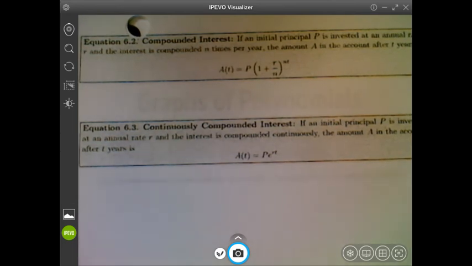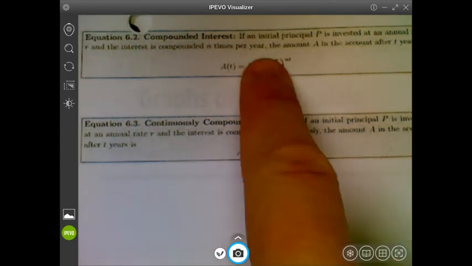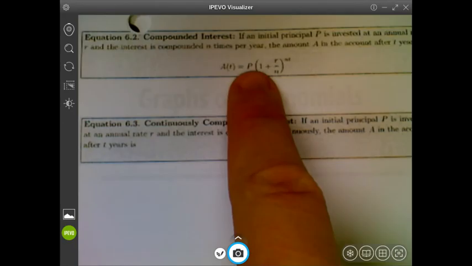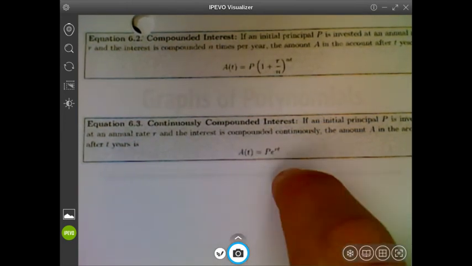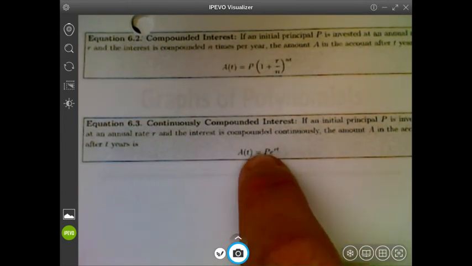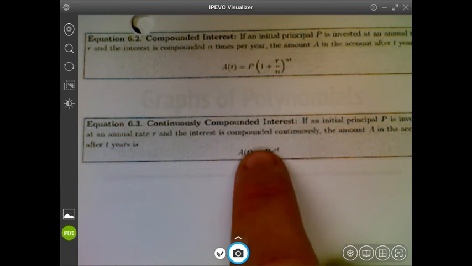And then compounding continuously is a play off of this formula right here. But the difference is instead of compounding a certain number of times, it's always compounding its interest. So it's always calculating the interest. This is the ideal, like in a perfect world. This is what we would like to see happen, and you would make the most money with an account like this.